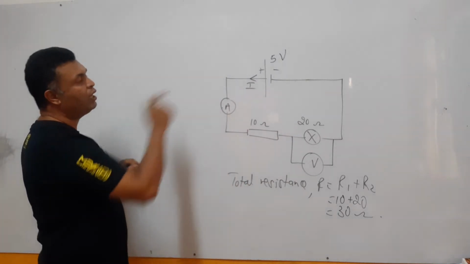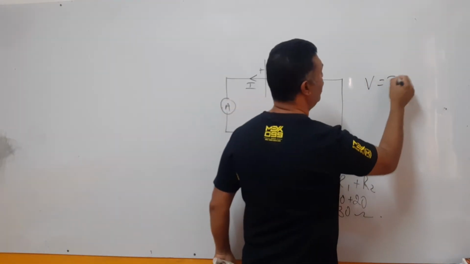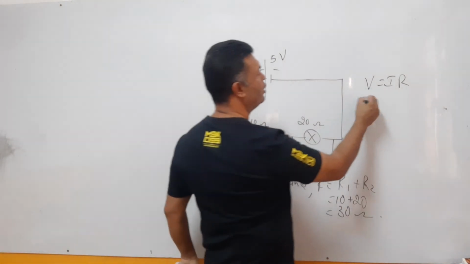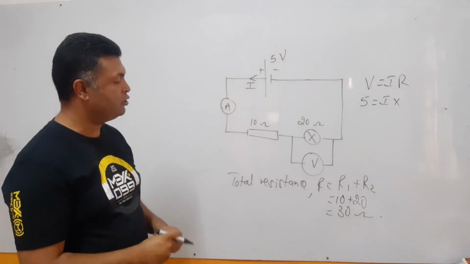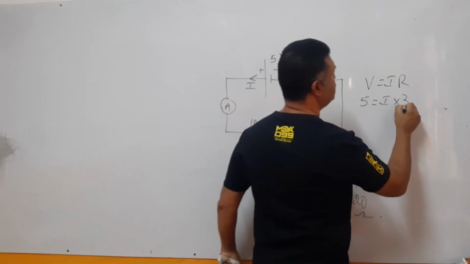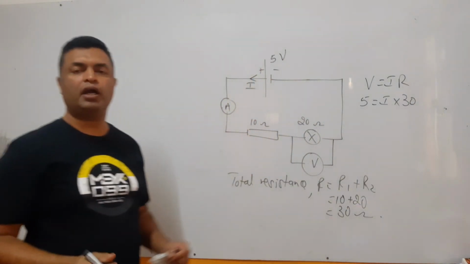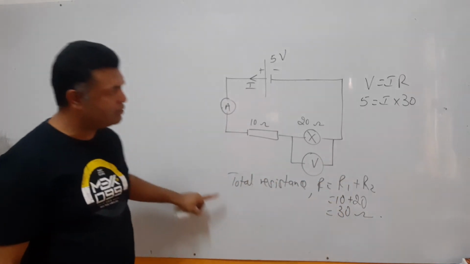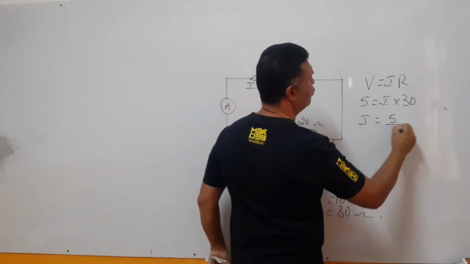Now, how to calculate the current I? You just have to use V equal to IR. The voltage is 5. The current I don't know. The total resistance in the circuit is 30 ohm. I don't place the ohm here, just for calculation. So I get I equal to 5 over 30.